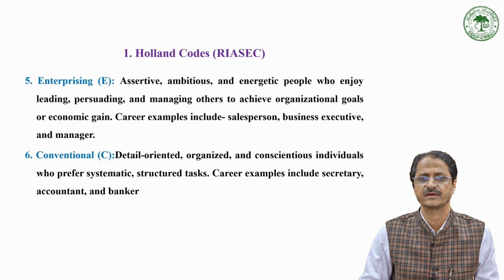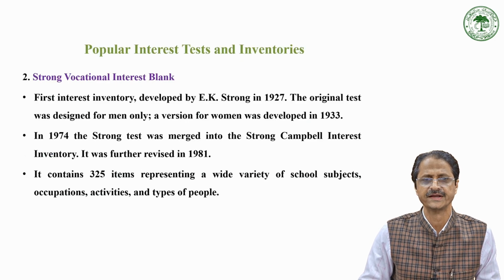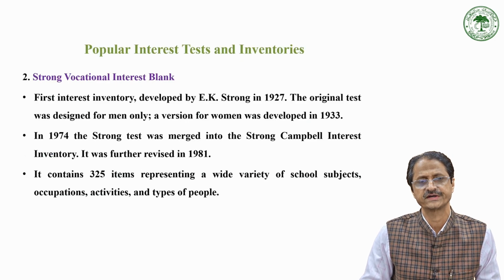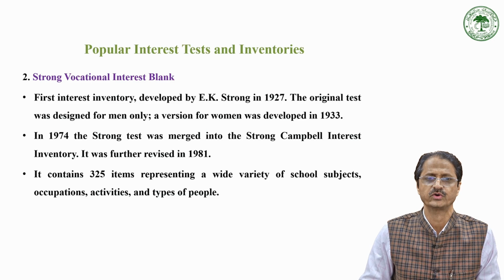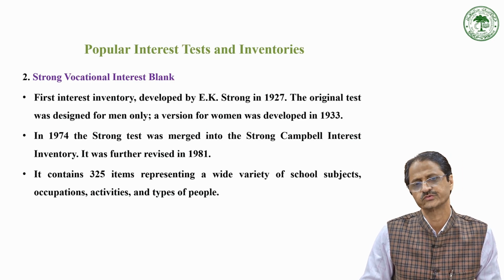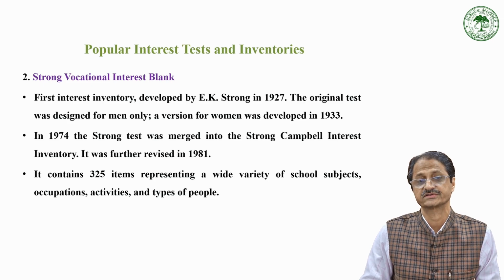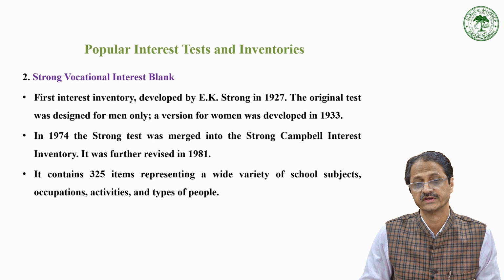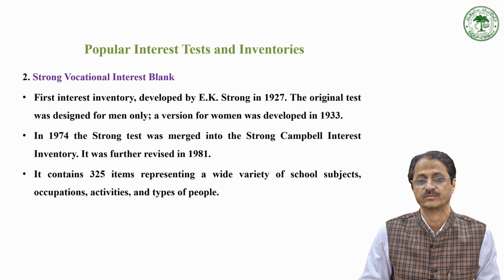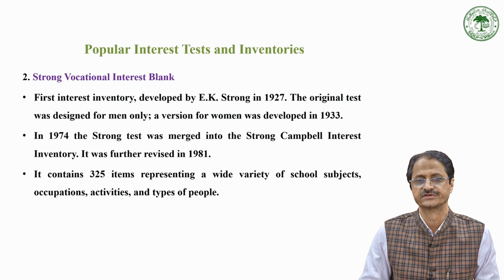So this is a very important technique, and it provides a lot of input or insight to the counselor regarding the personality of the individual, and according to that the person is able to make informed choices of their courses as well as job opportunities or career options.